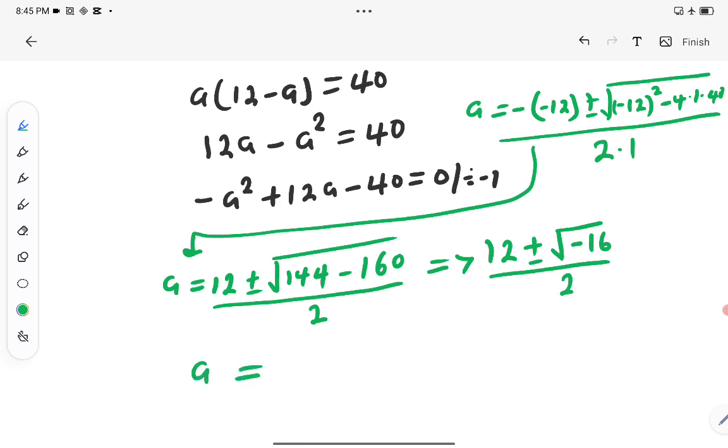A is equal to 12 plus or minus square root of minus 16, which can be written as square root of 16 multiplied by minus 1, over 2.